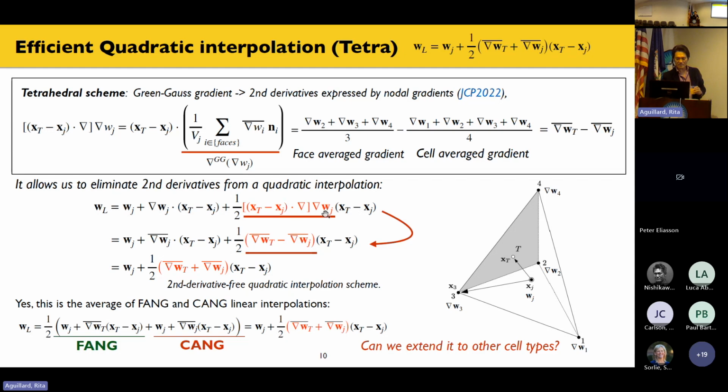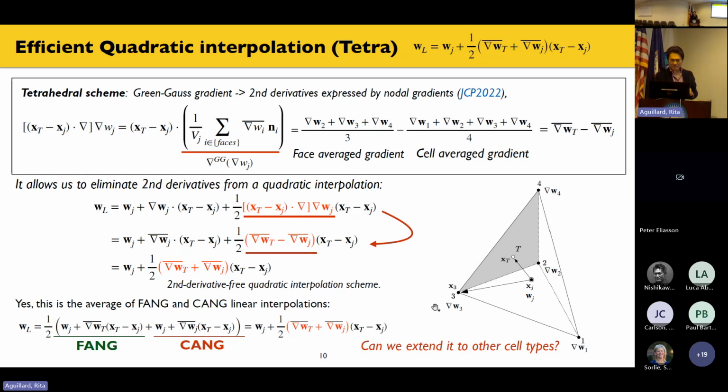You can replace this red part by the difference between the cell average and the face average. And then you can combine this linear term and this curvature term, and you end up with this second derivative free quadratic interpolation scheme. And as you can see, this is actually the average of face average and cell average linear reconstructions. And this was a big discovery, and it was so easy to implement because we already had face average and cell average for second order schemes.